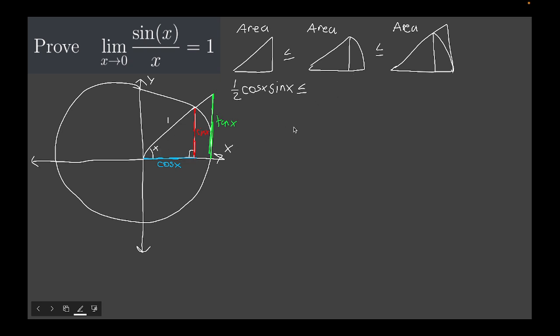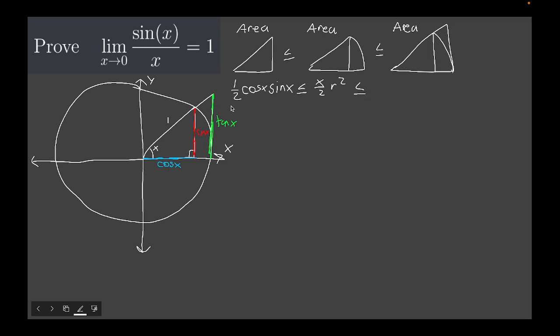But in this case we have x, so you can write it as x over 2 pi times pi r squared. Now if we simplify this, we can get rid of the pi's, and we're just left with x over 2 times r squared, is less than or equal to the area of this.